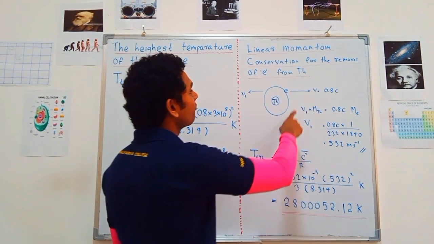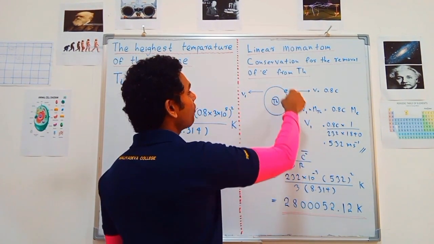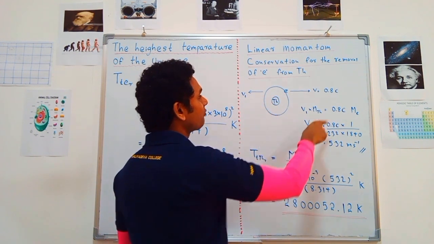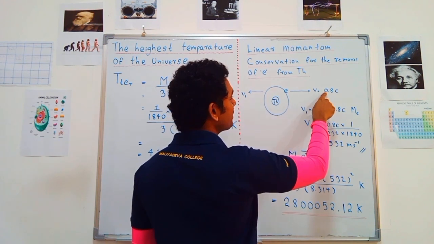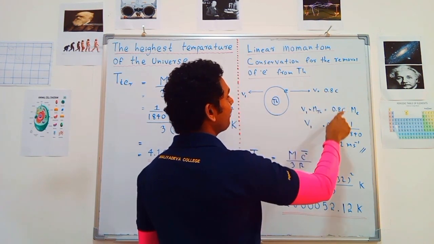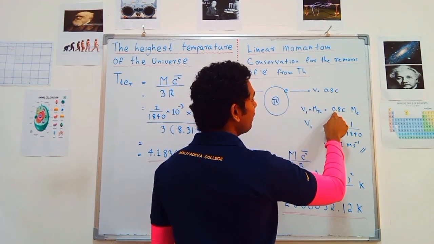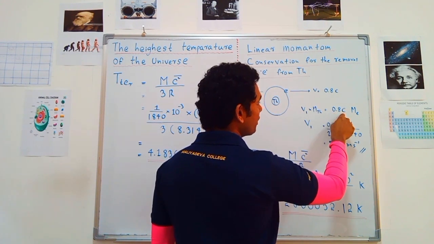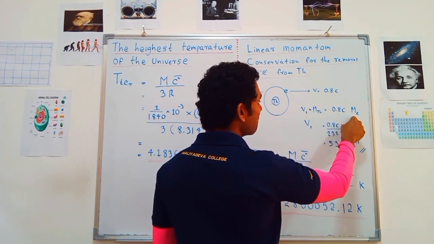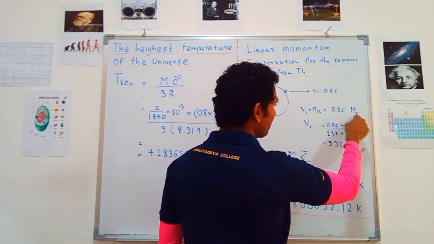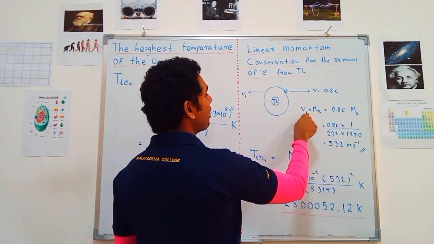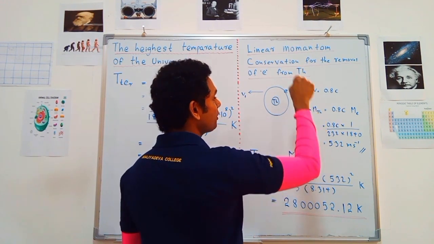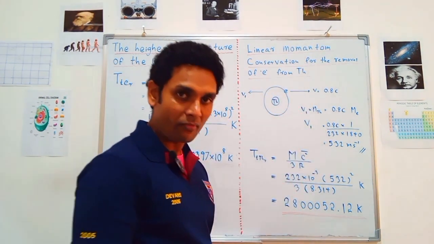So again, for the linear momentum conservation, we can do it like this. Here, the electron moves this way with 0.8 of the speed of light. The speed of the electron, 0.8 of the speed of light, multiplied by the mass of the electron is equal to the repulsing speed of thorium multiplied by the mass of the thorium atom.